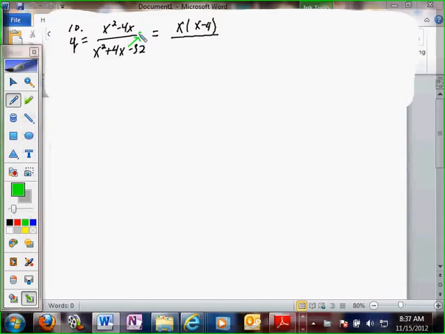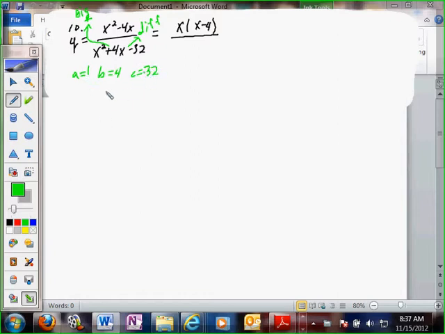My signs are going to be different. The biggest one will be positive. Okay? So A is 1, B is 4, C is negative 32.